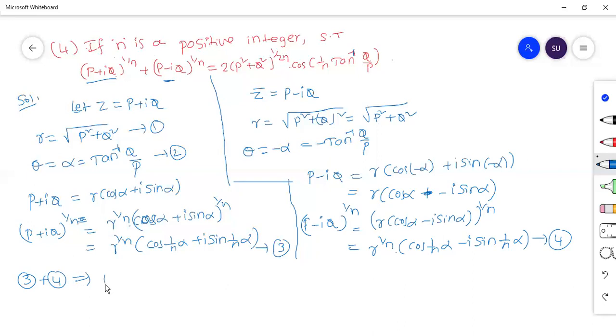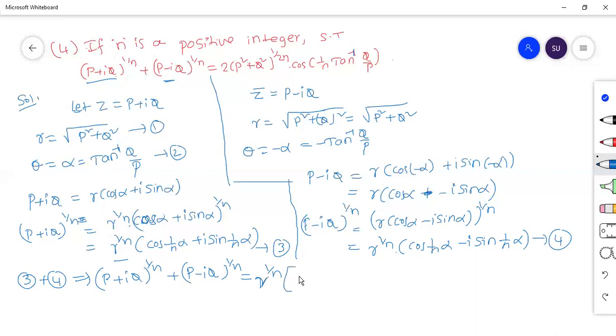So the left hand side is (p plus iq) whole power 1 by n plus (p minus iq) whole power 1 by n. This is p plus iq, this is p minus iq. Now the right hand side. Observe, r power 1 by n is common here, here common. So take out overall r power 1 by n as common.